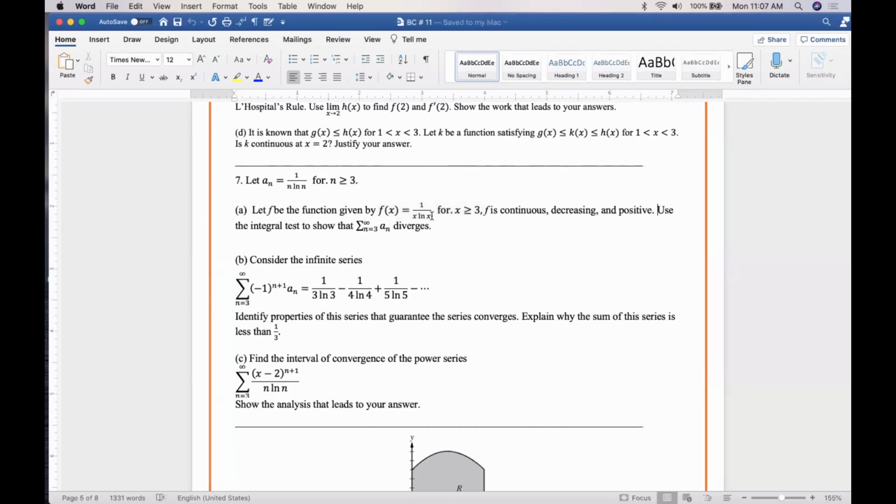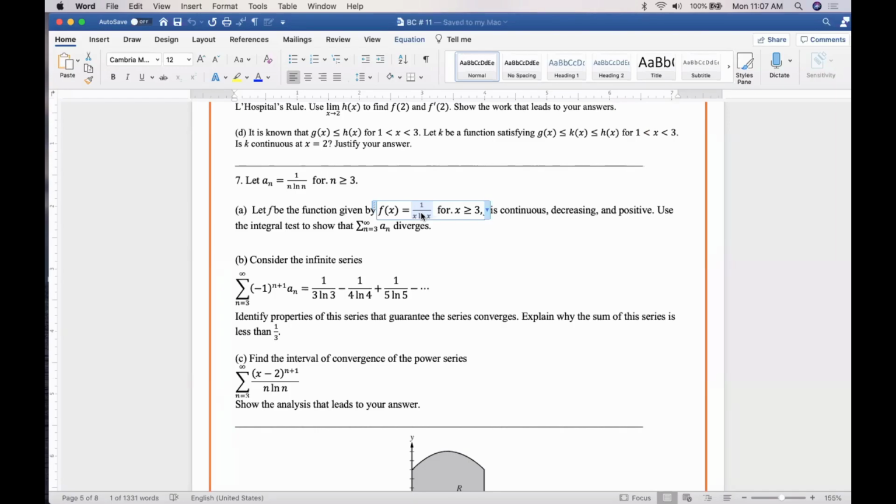So this here is continuous, decreasing, and positive. By the way, this is one of the requirements for the checking. Remember the integral test, where if you make a function of exactly the same and the integral converges, that means the series converges, and if the integral diverges, the series diverges.